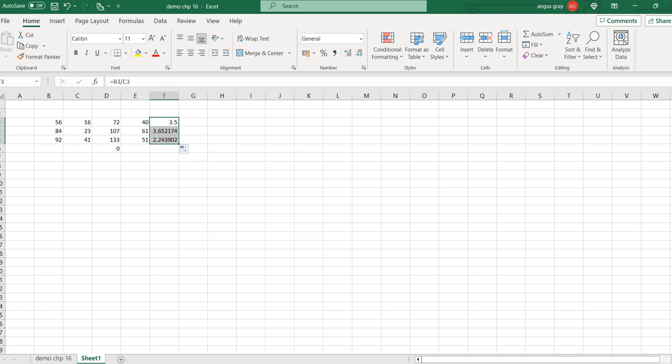Later we'll look at the formatting of numbers, etc. If I want to multiply, again the equal sign, and take note I'm actually clicking on the cell, so that is the cell reference, and I use the asterisk and the C3, and it gets multiplied out, and once again autofill and pull down.